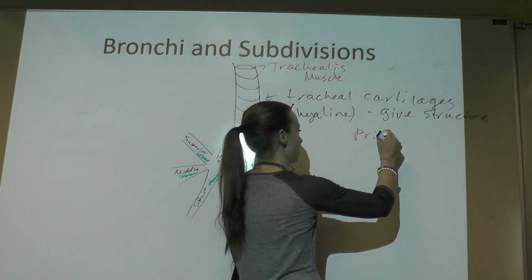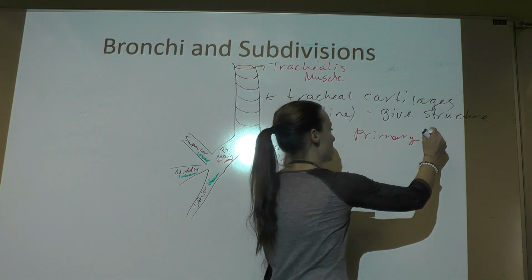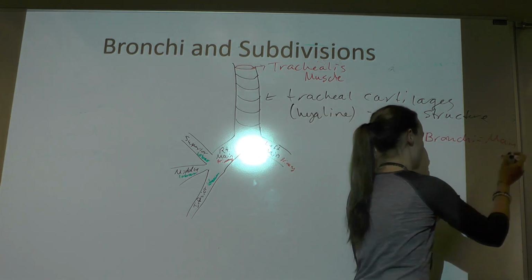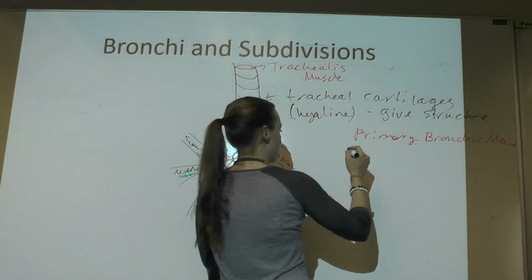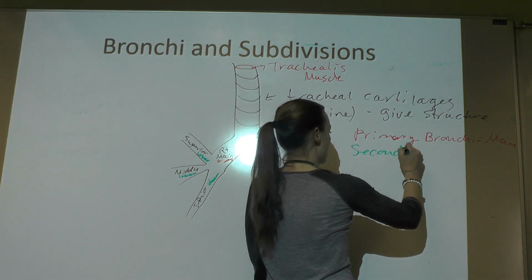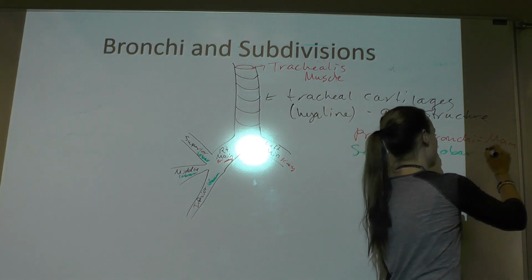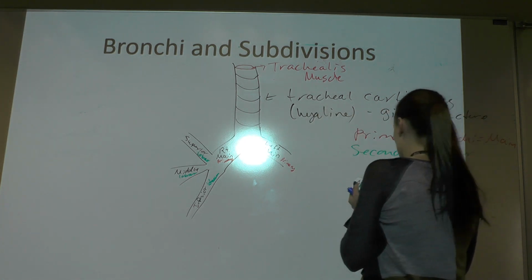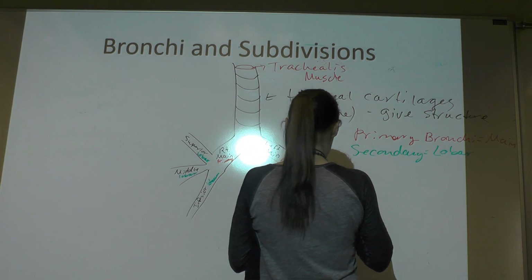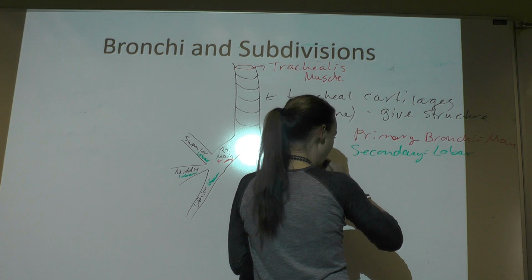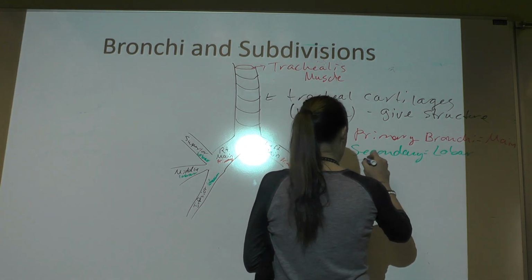So primary bronchi are our main bronchi, and secondary bronchi are our lobar bronchi. And then we're going to move into tertiary, which are segmental.